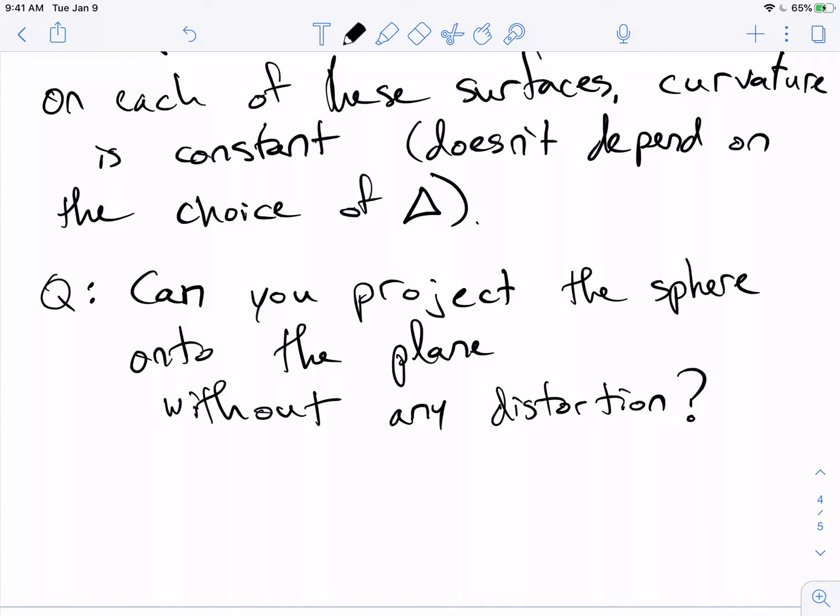Okay, and I'm sure that some of you immediately realize that the answer is no. There's no way to project the sphere onto the plane without changing the distance between certain points. And if you've ever deflated a beach ball and flattened it on the plane, you see, well, yeah, of course things get squished, right? But a slightly harder question is, can you do this locally?